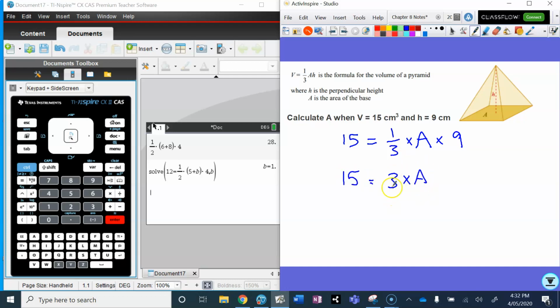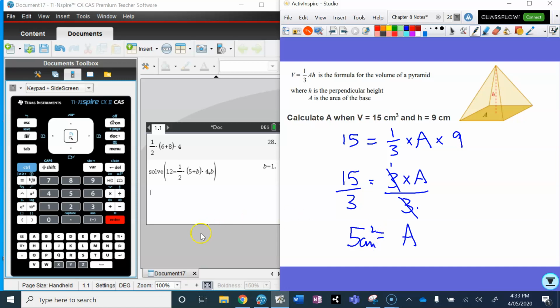So then it just becomes a matter of undoing the times 3 by dividing by 3 and doing it on both sides. So I've balanced my equation both times. So I end up with A is equal to 15 divided by 3, 5. And if we're being particular here, centimetres squared, because it's an area measurement.